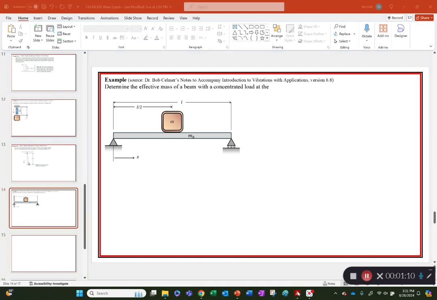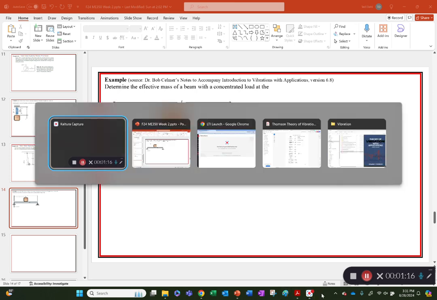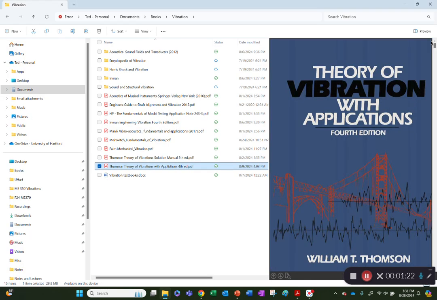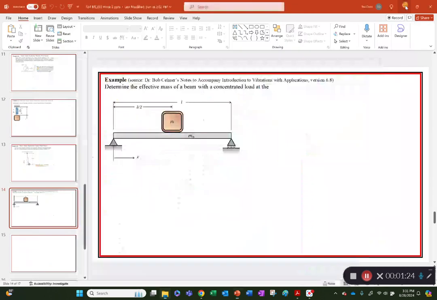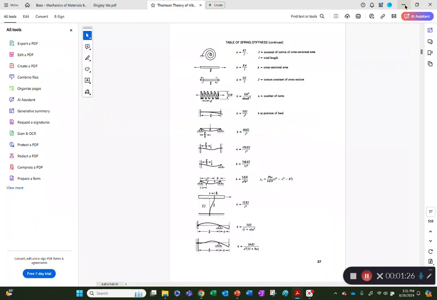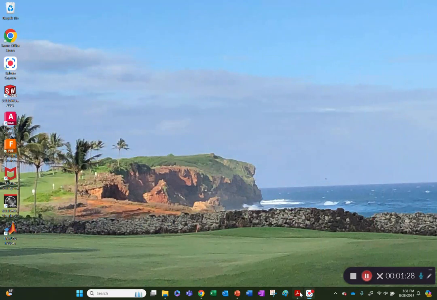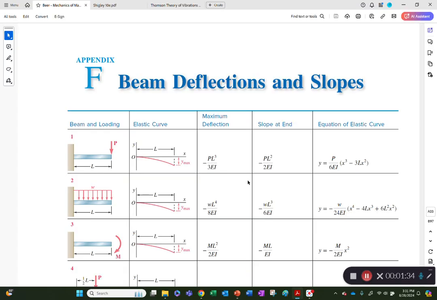Why won't it let me do this? I don't know. Let me go Alt-Tab. Alt-Tab. It seems to be angry about something. I'm sorry. Okay, there you go.